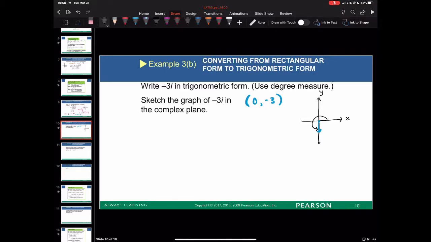So when we solve this out, r is equal to the square root of 0 squared plus negative 3 squared. So r is equal to the square root of 9, which is equal to 3. Now, keep in mind, we cannot find the tangent of theta, which is y over x, because x is equal to 0.